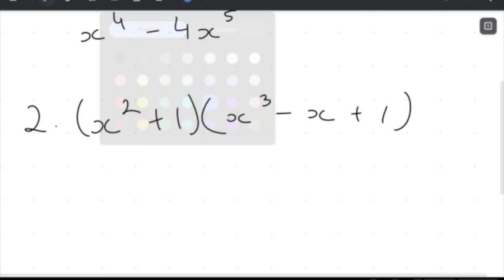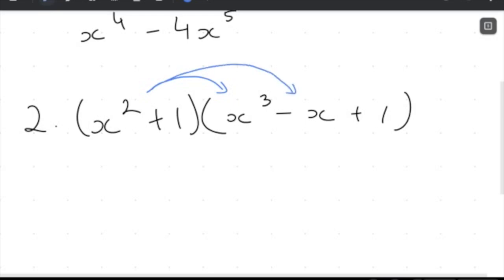We're still treating this as a product of these two terms in the brackets. So everything in my left bracket has to multiply with everything in my right bracket. Here's where the arrows can be really useful so we don't get stuck. First, my x squared is going to multiply with the x cubed. Then it's going to multiply by the negative x. Then it's going to multiply by the 1.